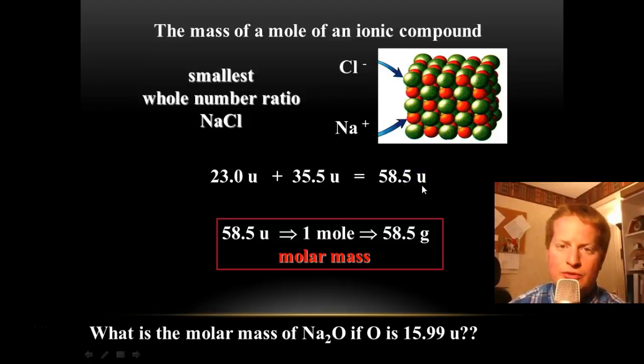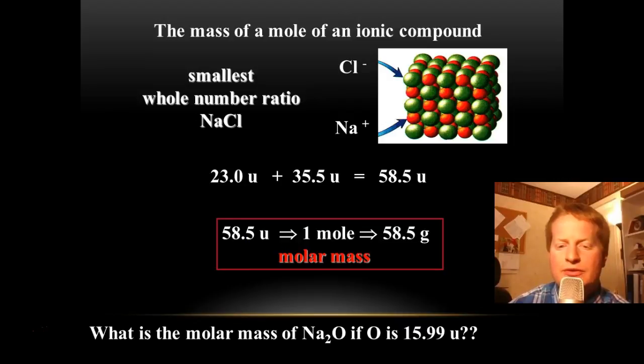Now remember, that u stood for atomic mass units. It was a shorthand for that. So that was just for the atom. But now we know that we can use that same number and make it grams in 1 mole. This is kind of confusing, but a single unit of sodium chloride has a mass of 58.5 u, very, very tiny atomic mass units, right?